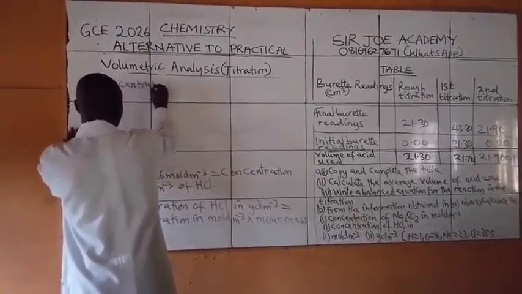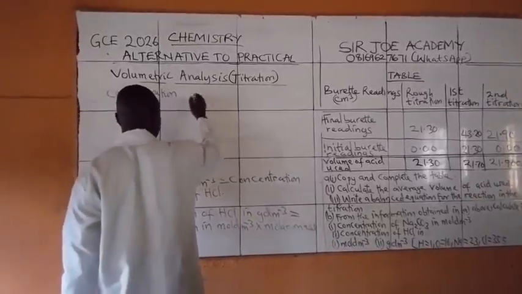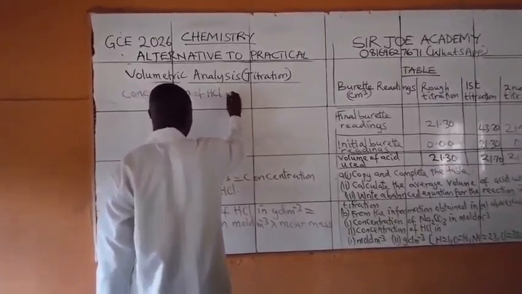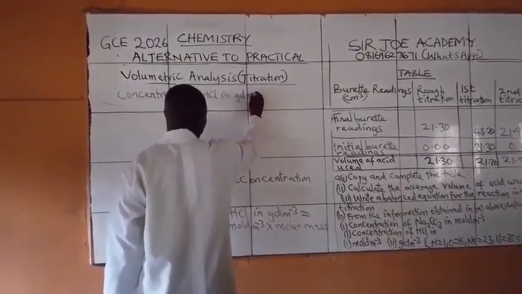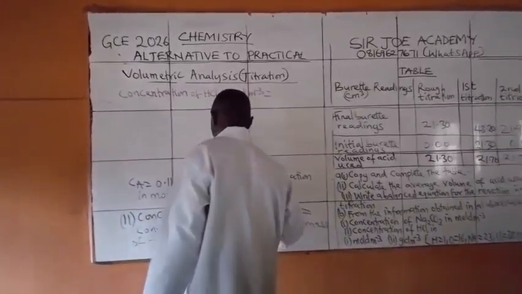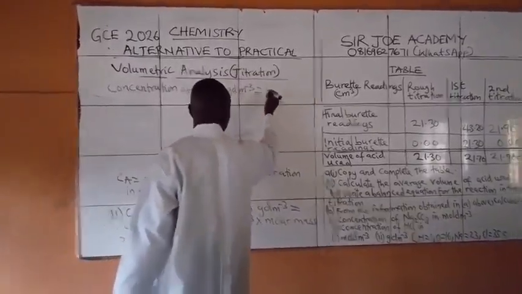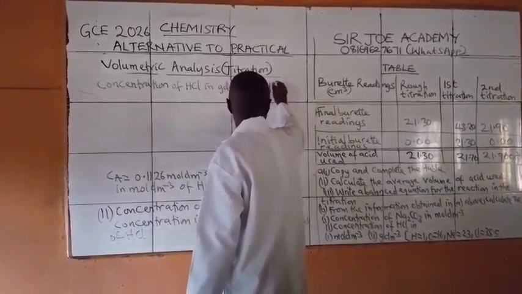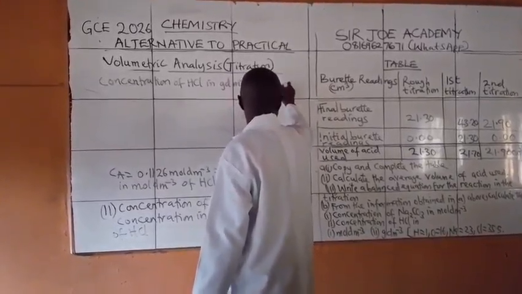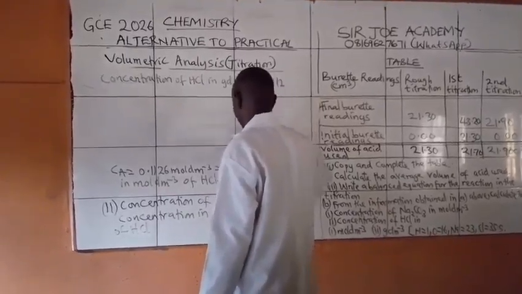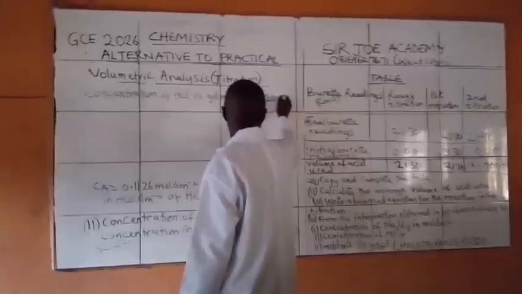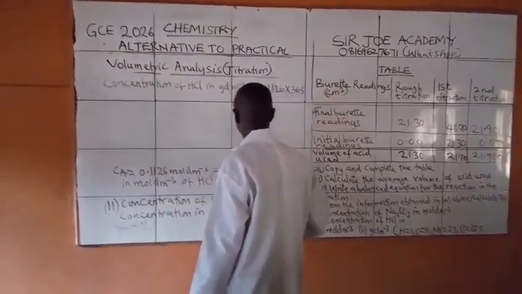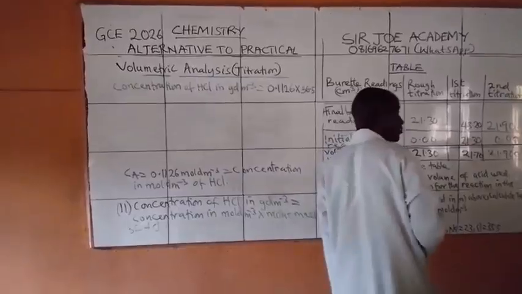Concentration of HCl in gram per dm cube is equal to 0.1126 times 36.5.